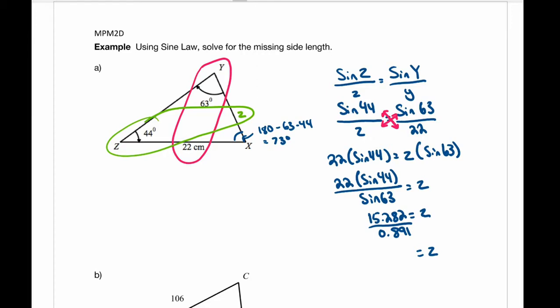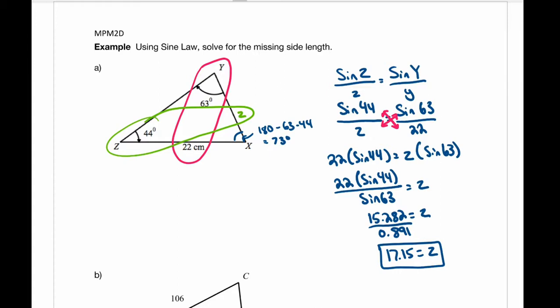If you are going to do it step by step and simplify the top first and then the bottom, again, please keep a couple decimal places just to make sure that you're not rounding too early, because that could change your answer a bit. And in the end, you should get that the missing side length is 17.15.